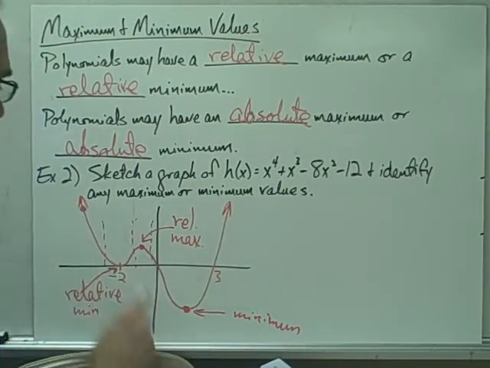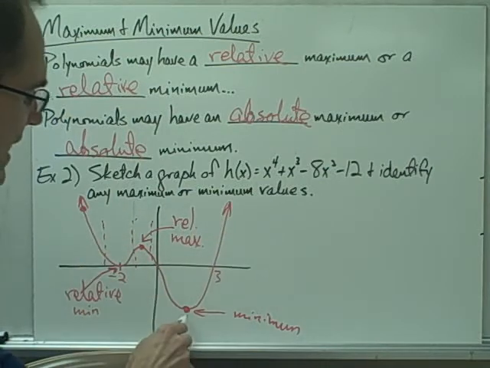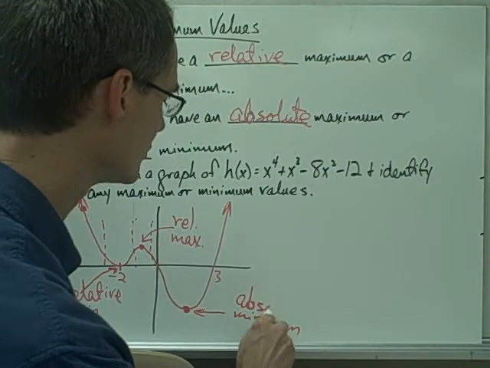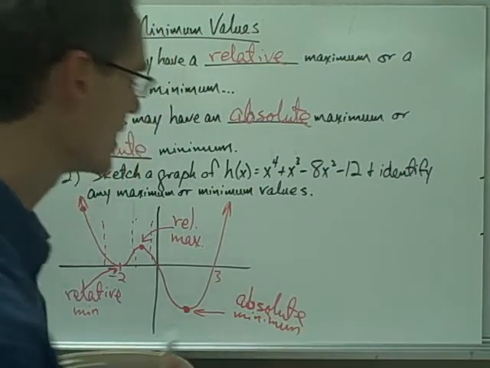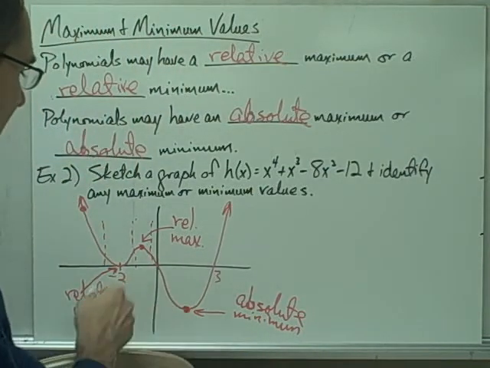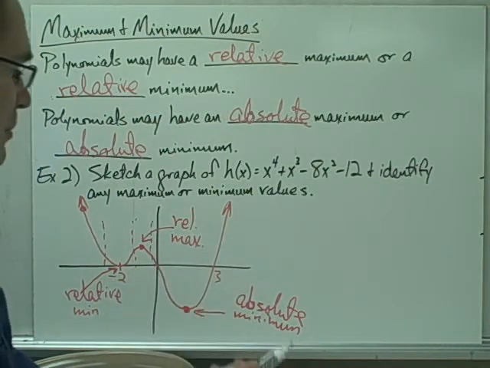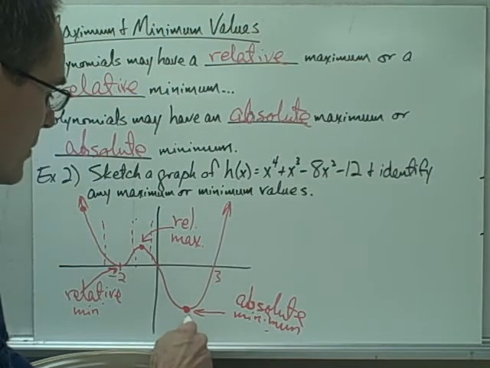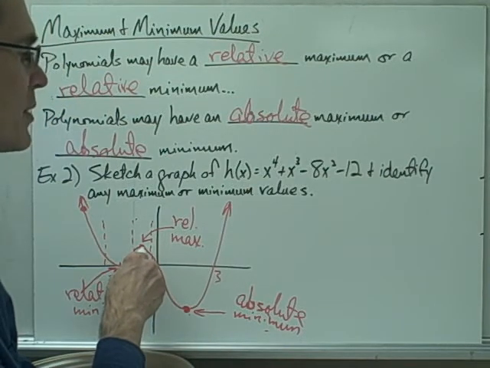Since the graph never gets any lower than this point right here, this is what we call an absolute minimum. So for this particular graph, I have 3 maximum or minimum points. I've got a relative minimum here, I've got an absolute minimum here, and I've got a relative maximum here.